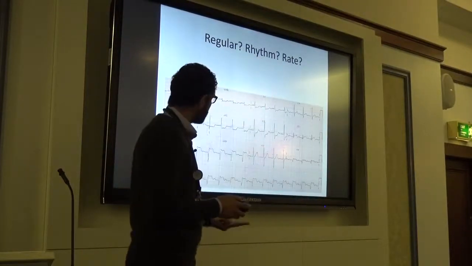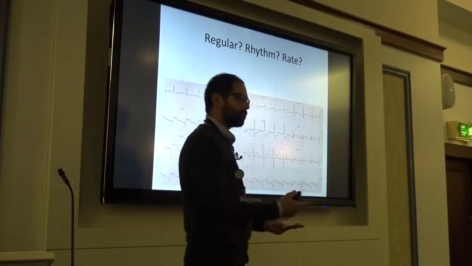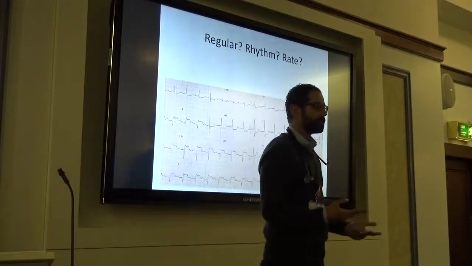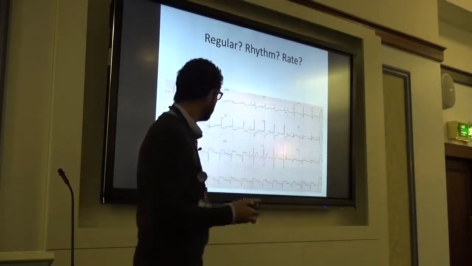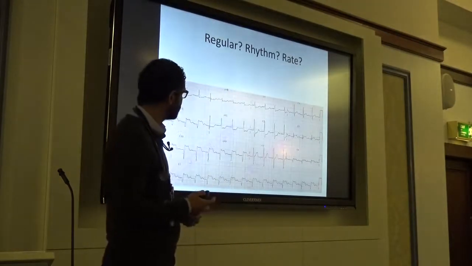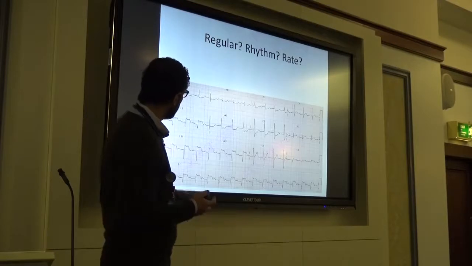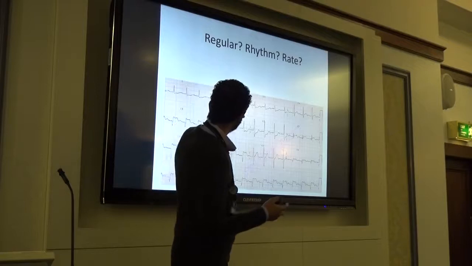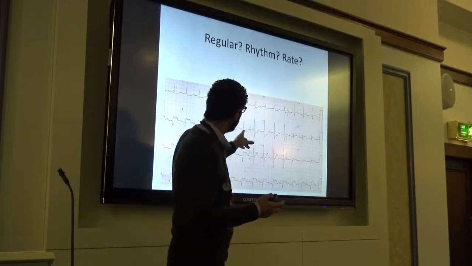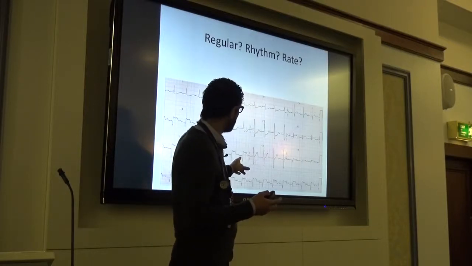Okay. So now just incorporate this question that we mentioned a few minutes ago. So what's the PR doing here? And again, as we mentioned, you've got 12 leads to look at. So if you can't see a P wave in one of them, you can't see a P wave here, look at one where you can see a P wave.